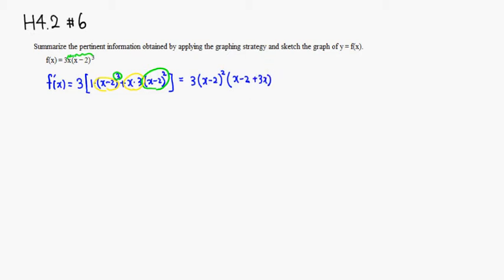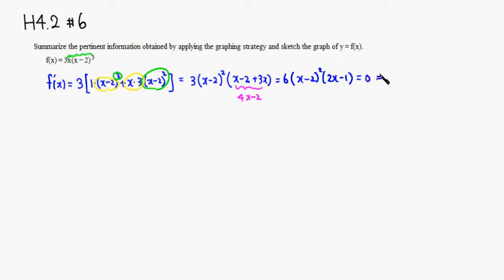So this is 4x - 2. I'm going to pull out the 2. So it's going to be 2 times 3 is 6. Pull out the 2: 6(x - 2)^2 and the 2 is pulled out, (2x - 1). So for critical numbers, set that equal to 0.